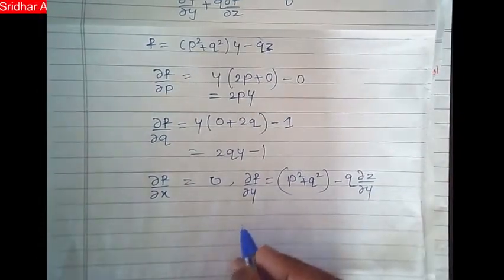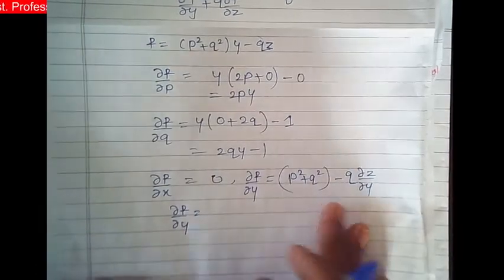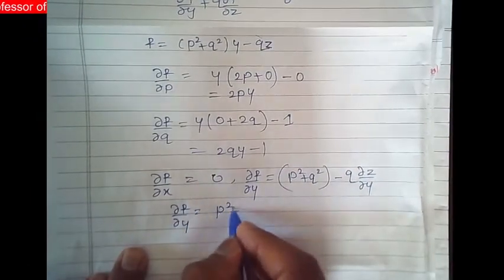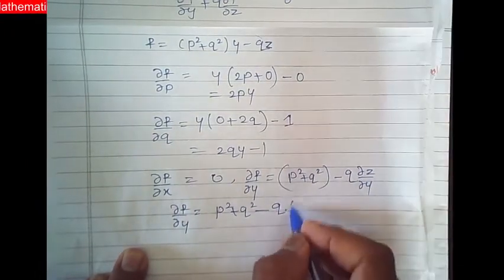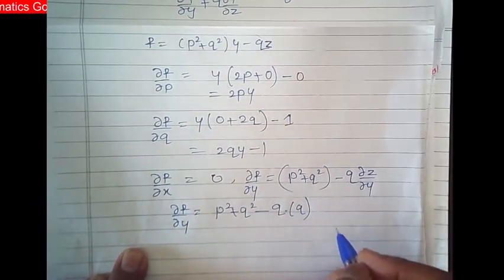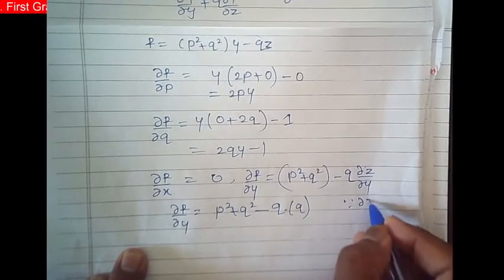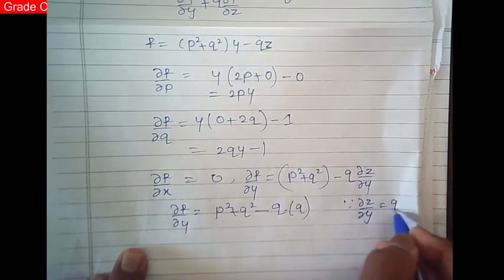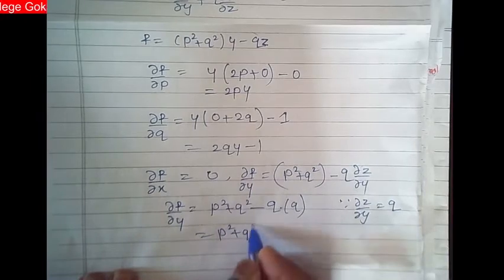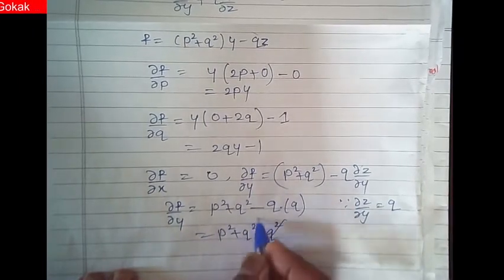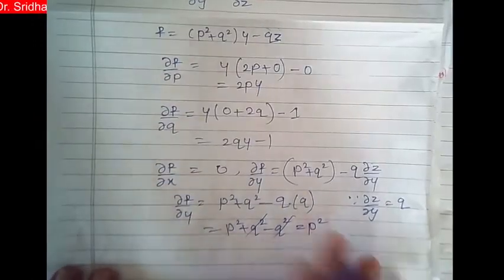In other words, dou f by dou y is equal to p square plus q square minus q, where dou z by dou y is again q. So which is equal to p square plus q square minus q square. The plus q square and minus q square get cancelled, so it is p square.